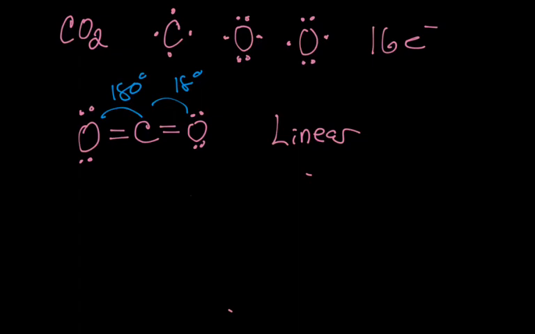The way we draw that is an arrow showing that the electron is closer to the oxygen, and we'll make a little positive sign there showing that the carbon is partially positive. And we have to do that to the other side as well. So this yellow here is showing our dipole moments.